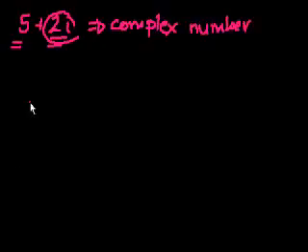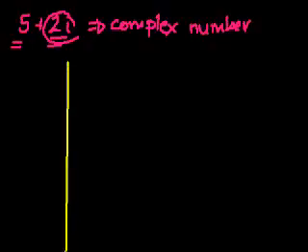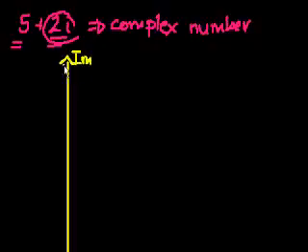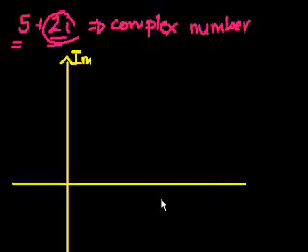And you could, if you want, even graph a complex number. You could make the vertical axis, you could call it the imaginary axis. And you could make the horizontal axis the real axis. This is a symbol for the set of real numbers.